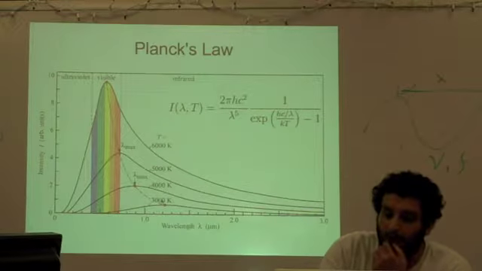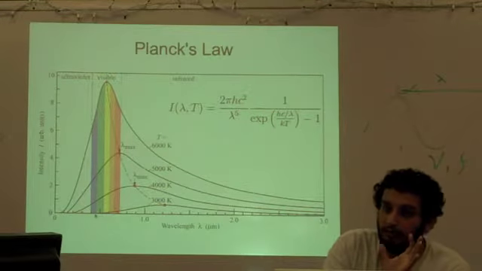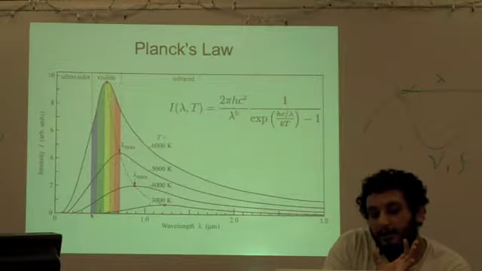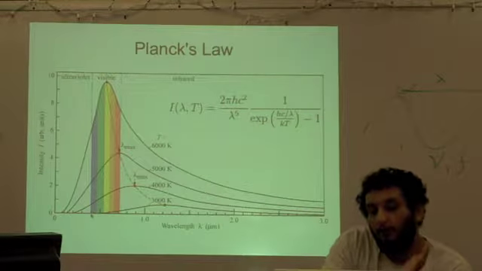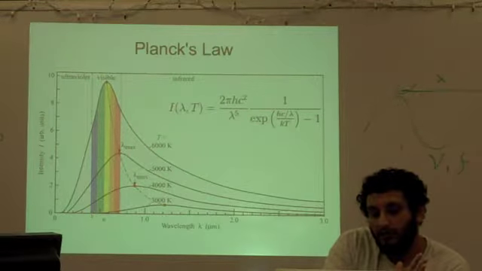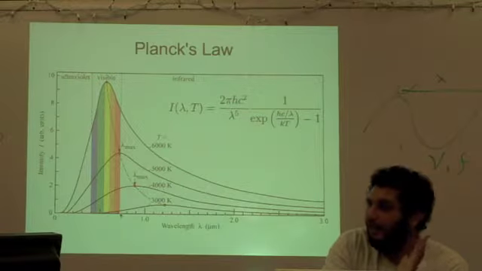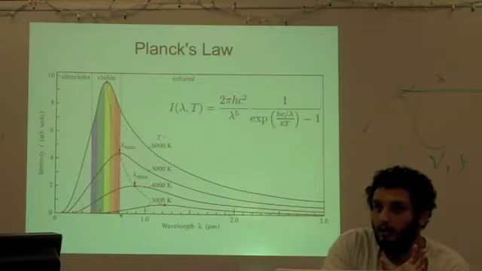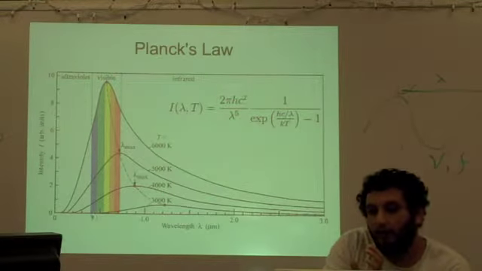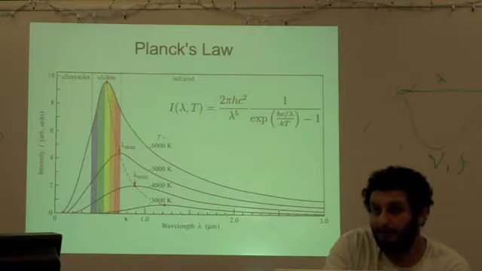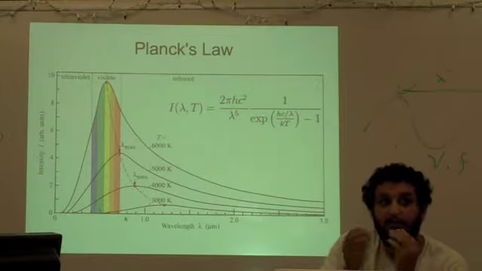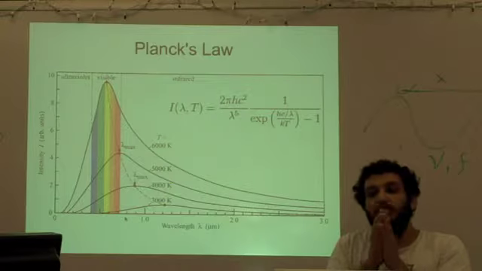And I should have mentioned this earlier, the visible part of the spectrum is about 400 nanometers to 900 nanometers, which in this plot is 0.4 to 0.9 micrometers, okay? That's the light we see, it's in a very narrow range.